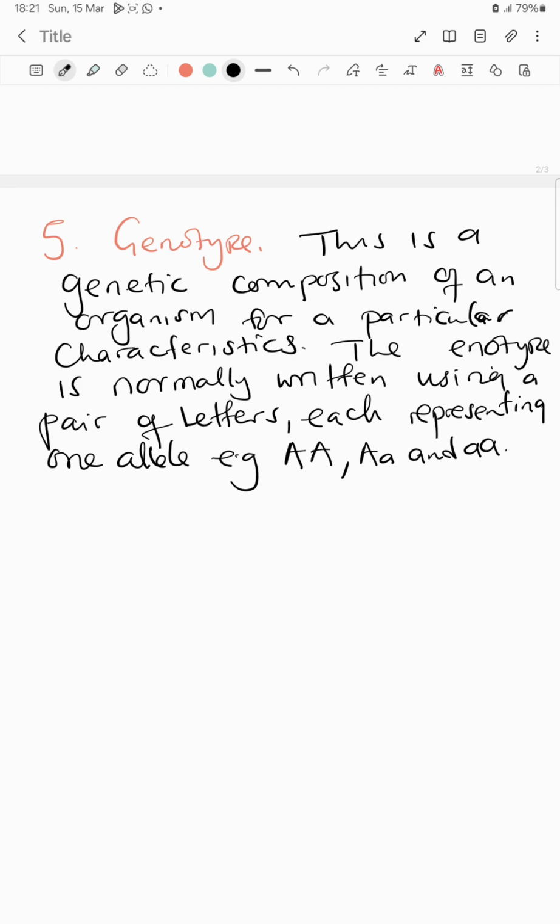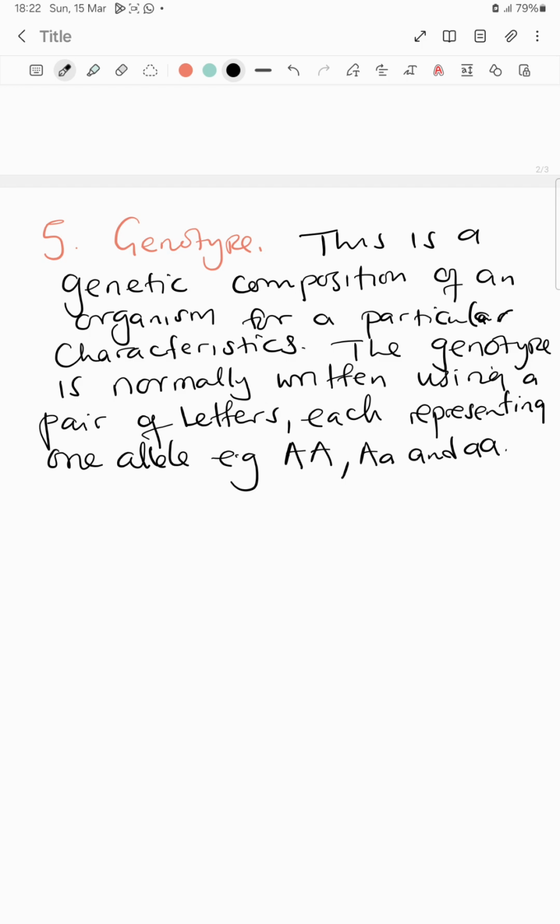Now the genotype is normally written using a pair of letters, each representing one allele. For example, we have capital letters AA, capital letter A and small letter a, and small letters aa.